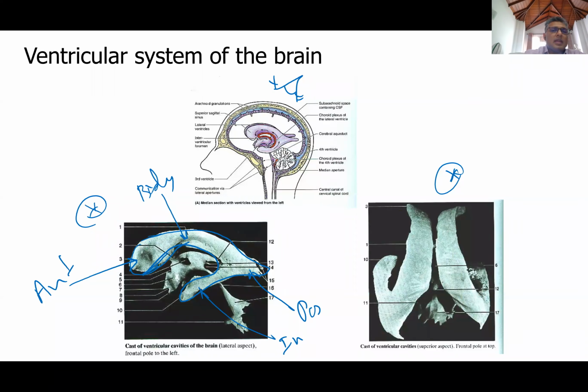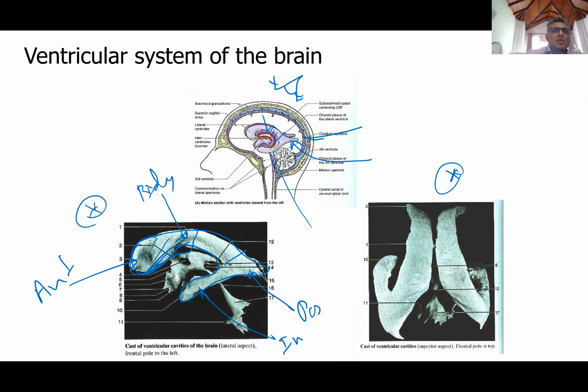So the anterior horn and anterior part of the body lie in the frontal lobe. Then the posterior part of the body lies in the parietal lobe, that is this part. The posterior horn goes into the occipital lobe. And the inferior horn goes into the temporal lobe.